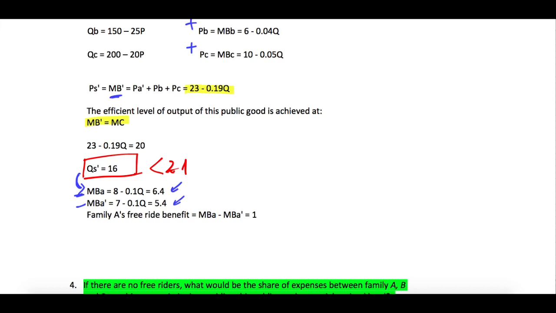So the free rider benefit of family A will be 6.4 minus 5.4, equal to 1. So this is the free ride benefit that family A could receive. So it's called the under-provision of the public good.